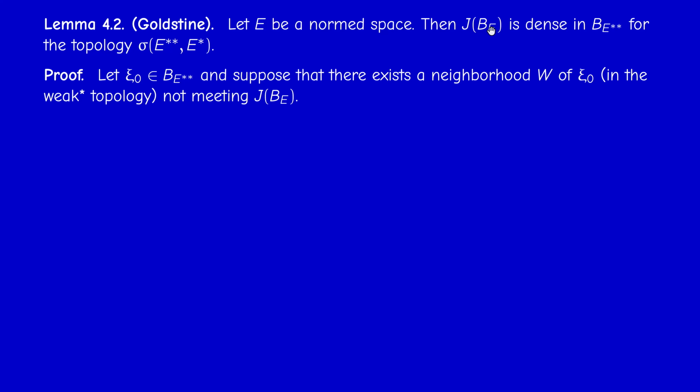So suppose that this is not the case. So we have an element psi0 in the unit ball of E double star that is not in the closure. What does it mean? It means that there exists a neighborhood of psi0 in the weak star topology which does not meet the set J of BE. This is a characterization of the closure of a set that we discussed in chapter 0.